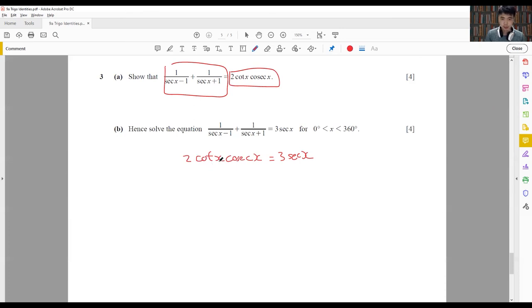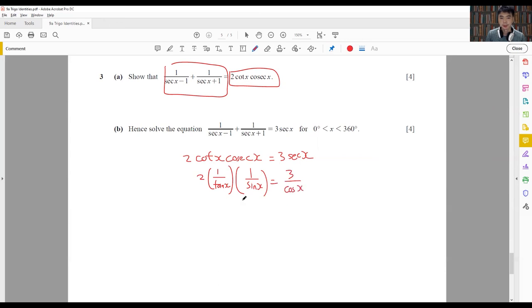Then what we want to do is, using identities, change this. This is 2 times 1 over tangent x times 1 over sine x, then it equals 3 over cos x.